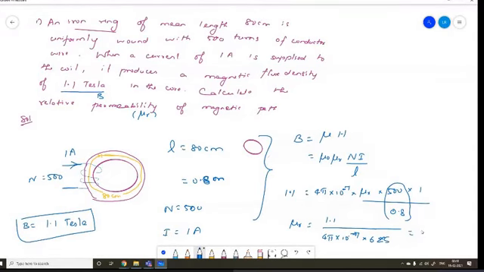So ultimately you will get 1401.27. So it's a direct substitution. First of all, try to find out what is given, and then you know all these relations, directly substitute and get the required answer.